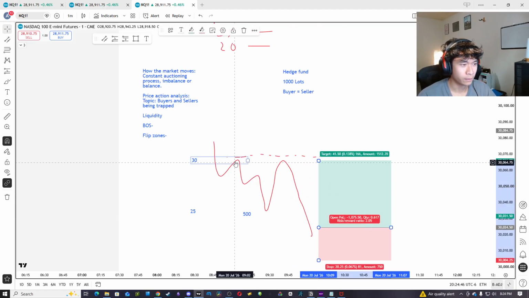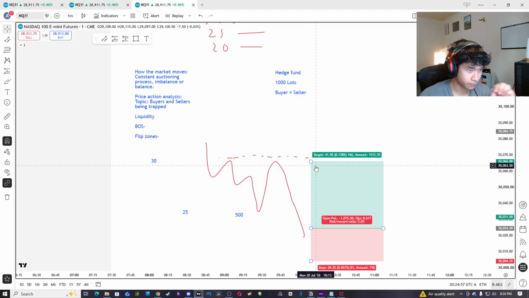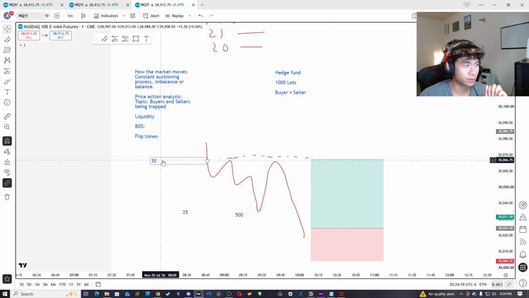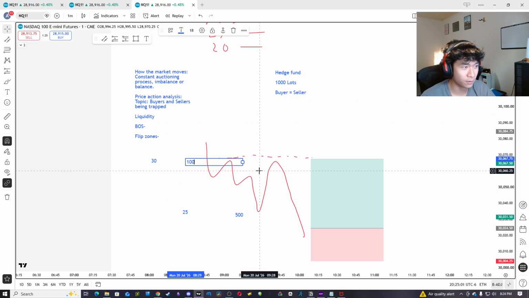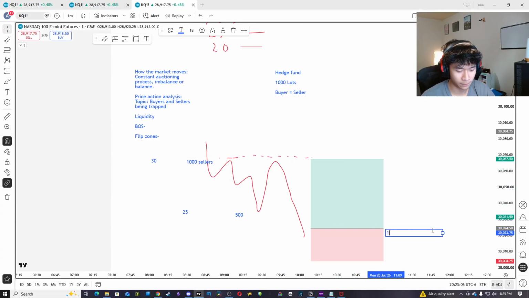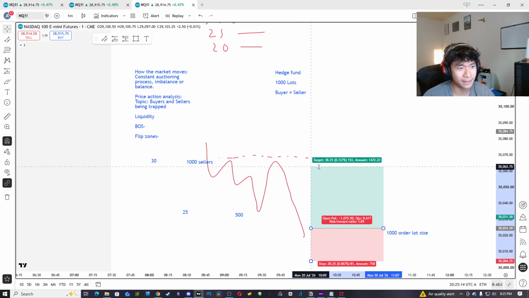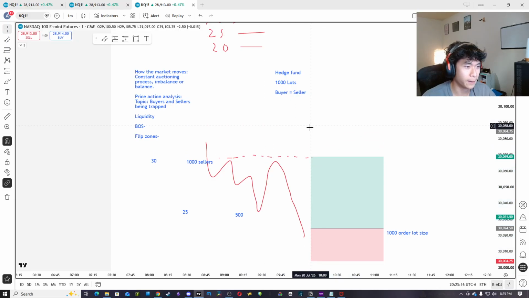But if for some reason, and we're going to explain those reasons on why there could be more liquidity or people sitting at a certain price level, there happens to be 1,000 sellers sitting at this level, when they have a 1,000 lot order size, price is going to gravitate towards this spot, and this is where they're going to unload their orders.